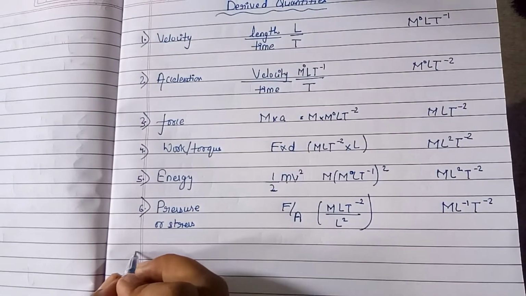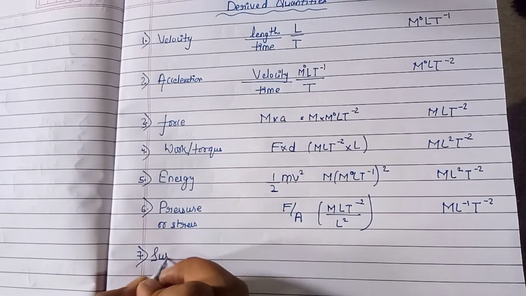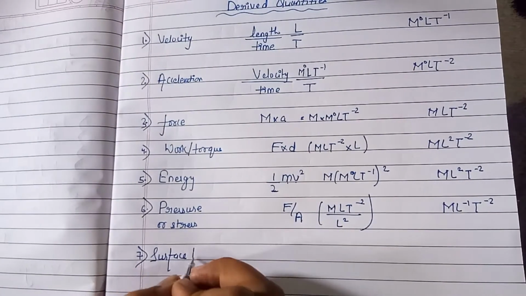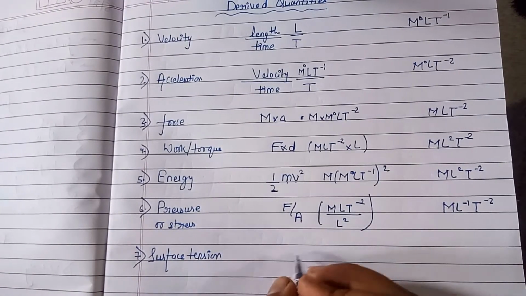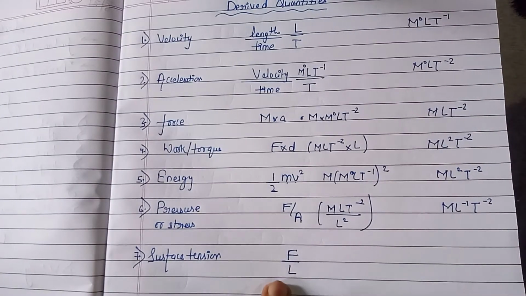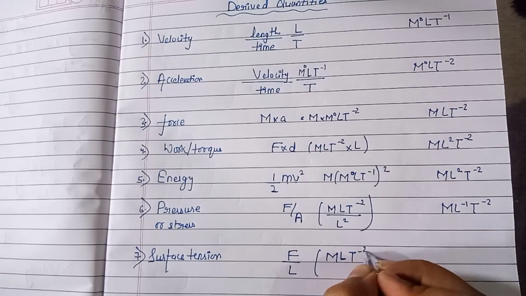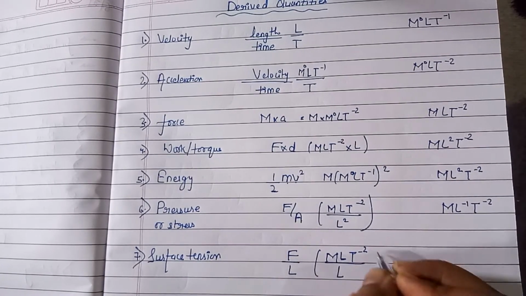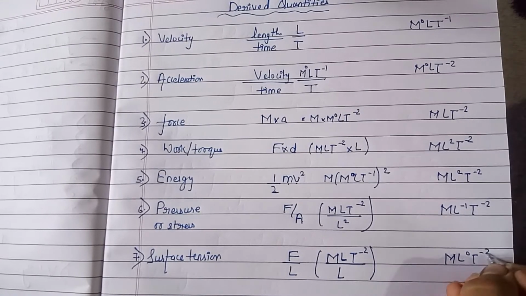Next we will see the seventh derived quantity, surface tension. Surface tension is equal to force upon length. The force value we have calculated above, M L T^-2, and length is represented as L. So its formula becomes M L^0 T^-2.